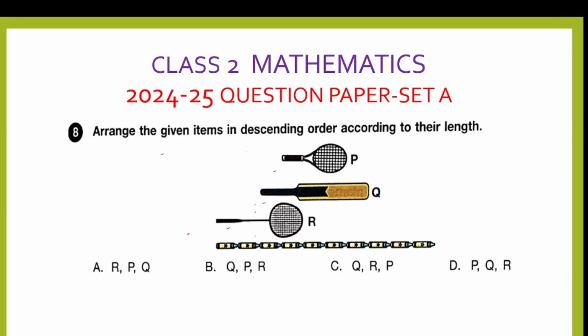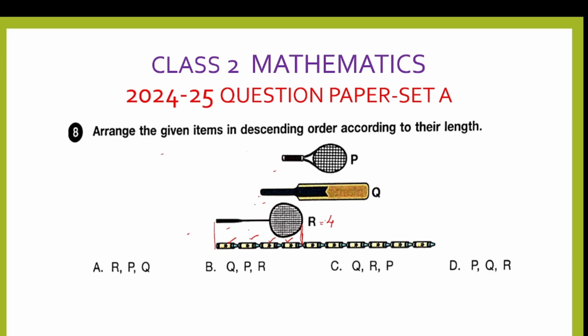Here the length is not given, so we first have to find out the length. Let's find out the length of R, according to the given crayons. If you see here, the length of this badminton racket R is up to here. Let's count 1, 2, 3 and 4. So R is nothing but 4 crayons.